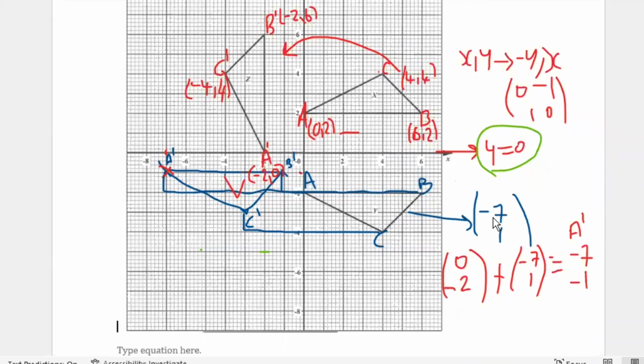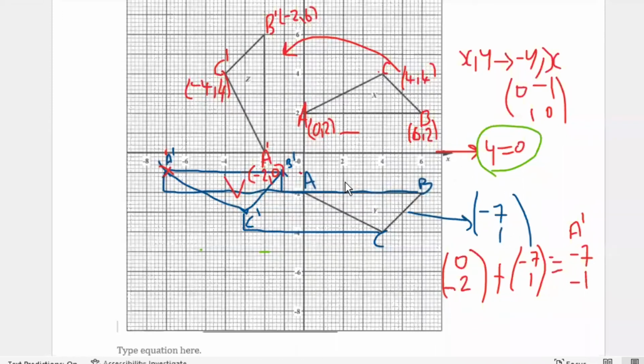If your x value is positive, you're going to the right, and if your y value is positive, you're going up. In this case, our x value is negative, so we're going 7 units to the left, and our y value is positive, so we're going 1 unit up.